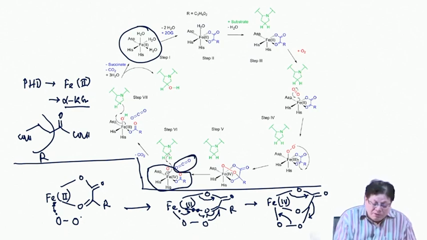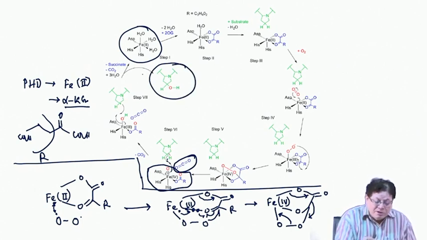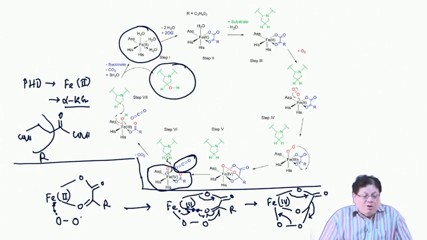Now, the ferryle oxo, the oxygen is a superoxidant, abstracts a hydrogen from here, and this becomes a radical, and this radical then adds to the oxygen, and one of the electrons comes back to the iron. So, you get 4-hydroxy proline, and the iron is brought back to the original state.